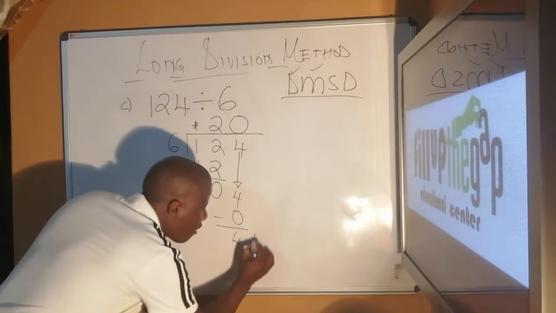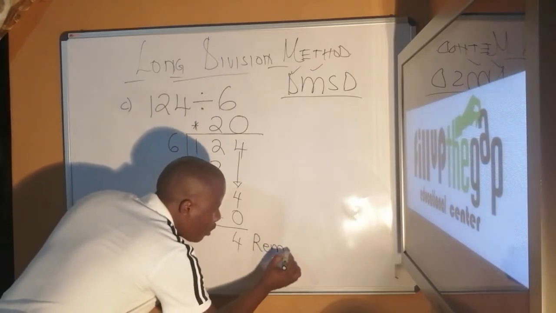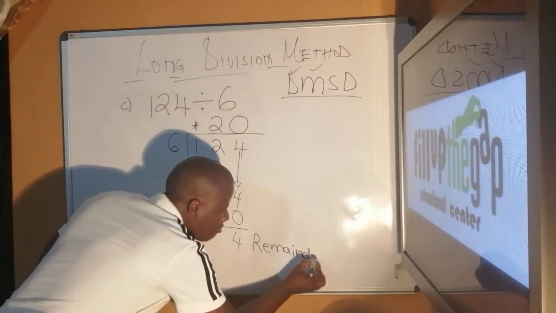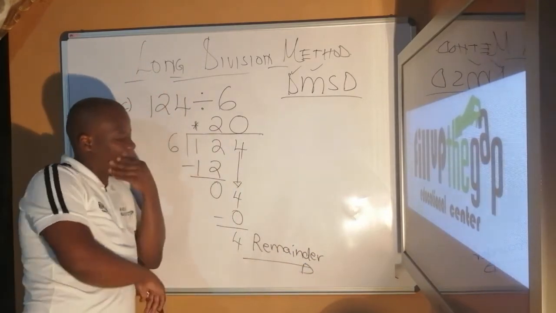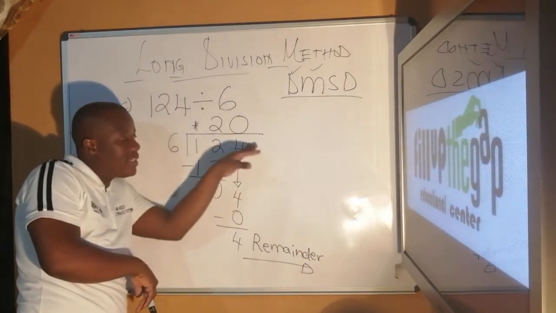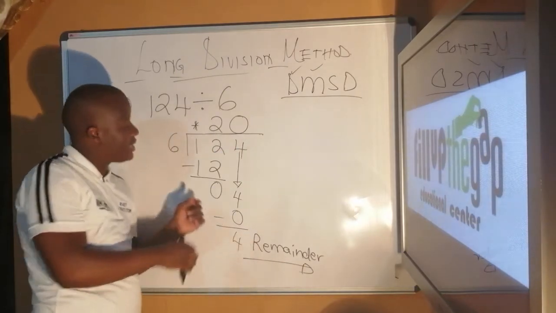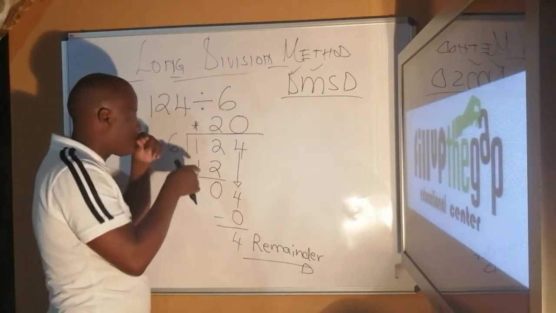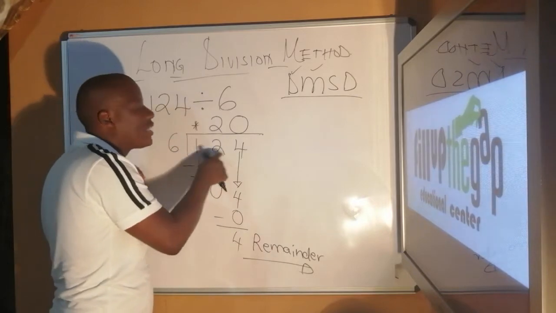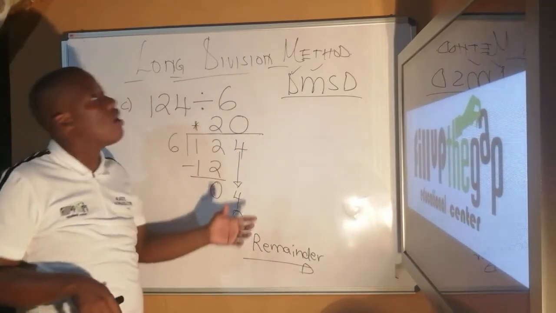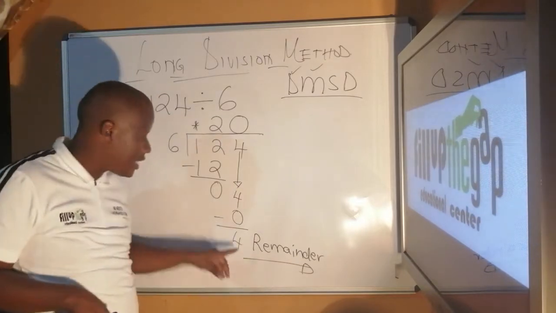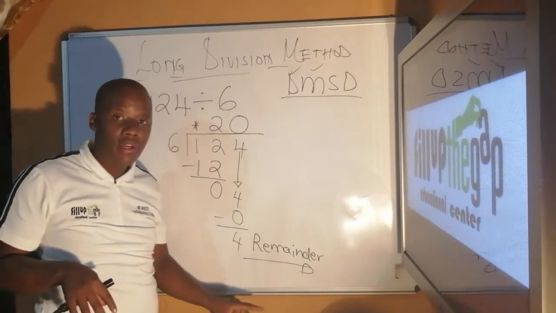That means our 4 is what we call a remainder. We are done, because there is no number here that we can drag. That means 6 goes 20 times in 124 and leaves 4 as a remainder.